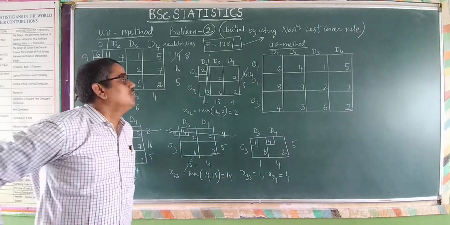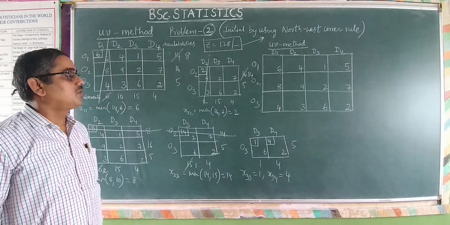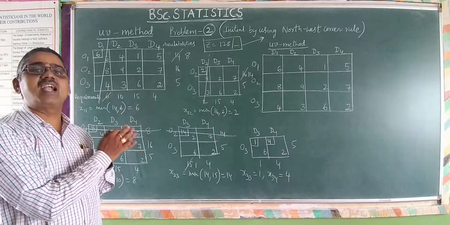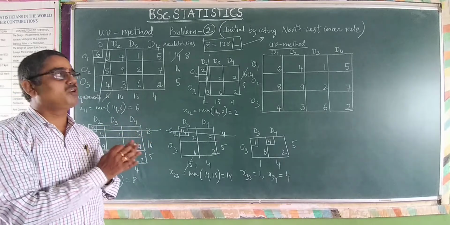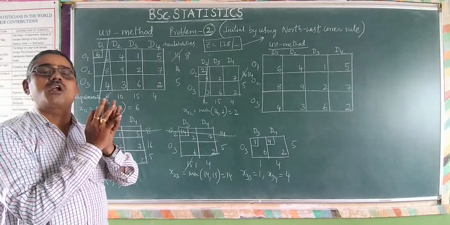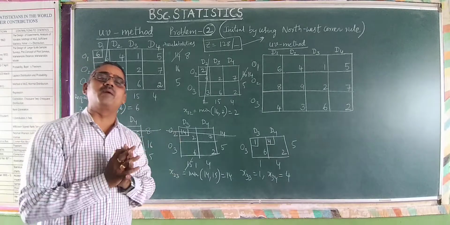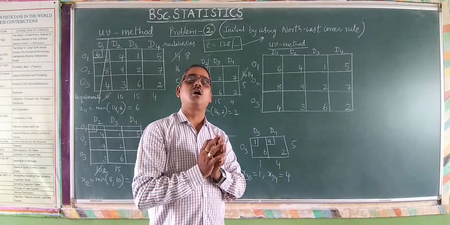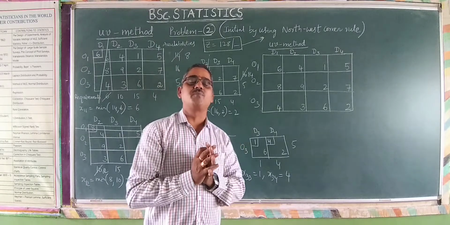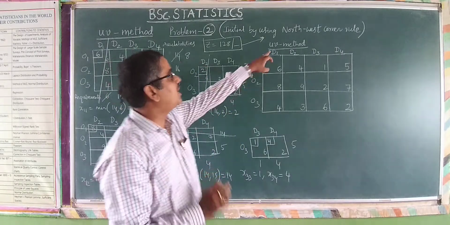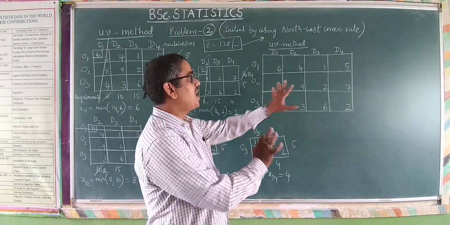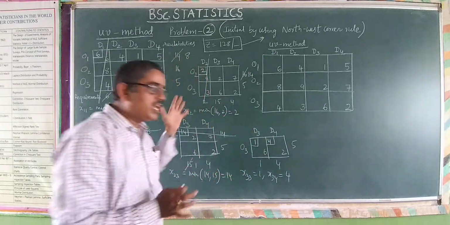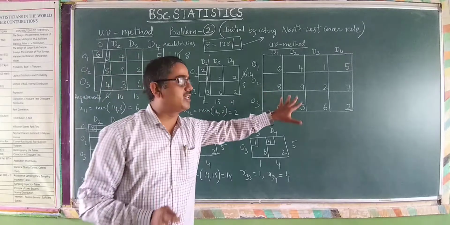Okay. So now after calculating the initial solution, you have to go and apply the UV method. That is, continue the UV method. Before entering into the next step, what we have to do is put a heading UV method and prepare a table and write down the initial basic feasible solution in that table.